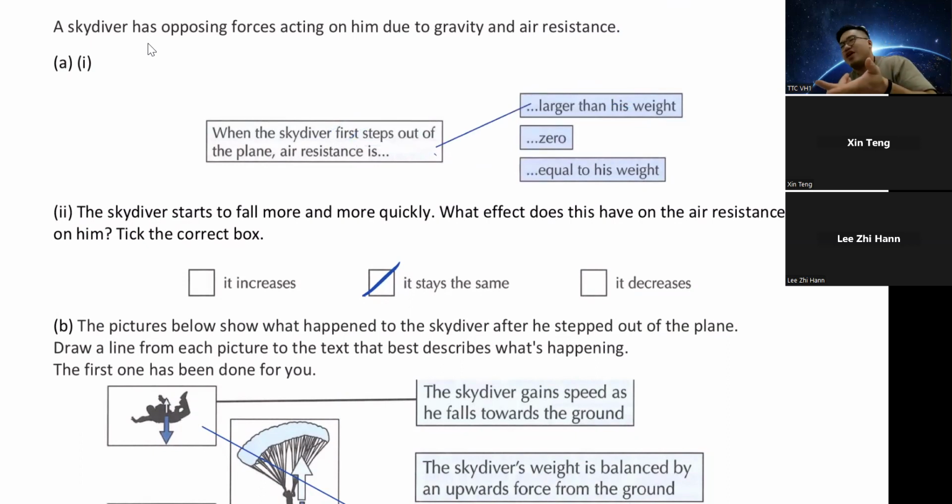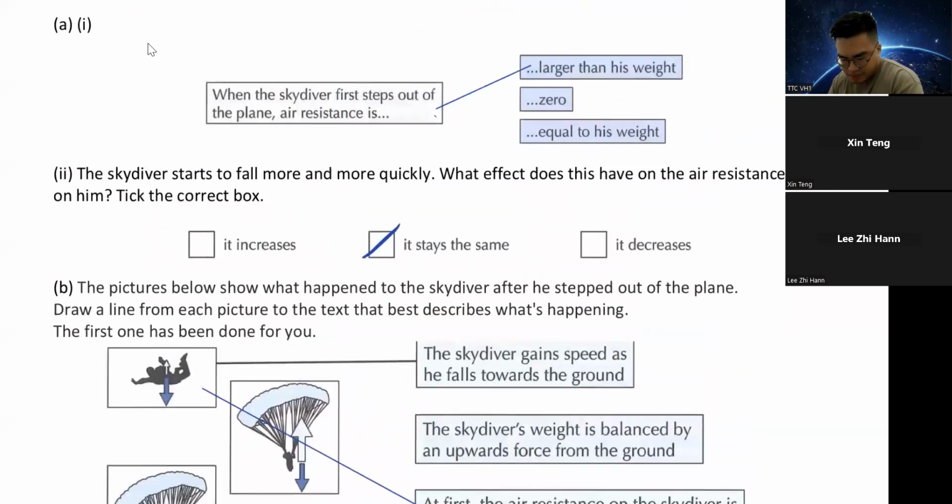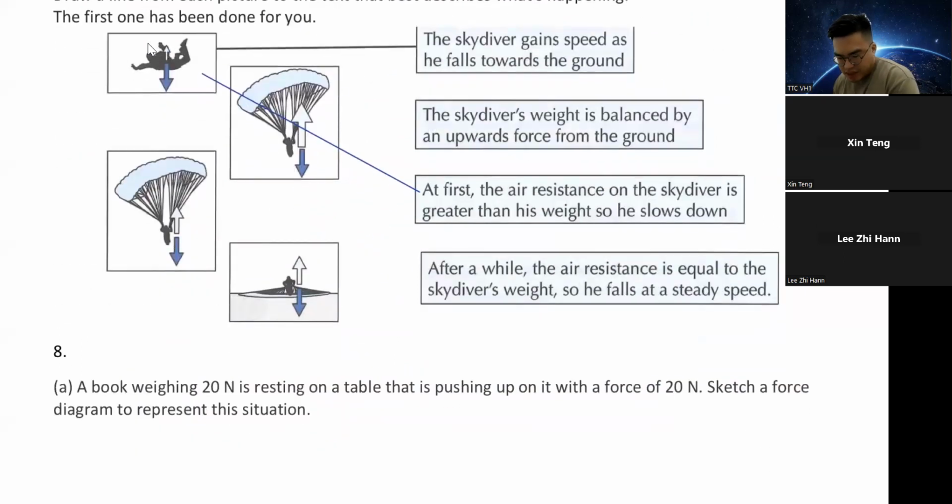When you first jump out of a plane, you are actually pushed upward because the air resistance is very high. Okay, it is only when you try to dive down that you come down. All right, it stays the same. Sorry, larger than its weight.